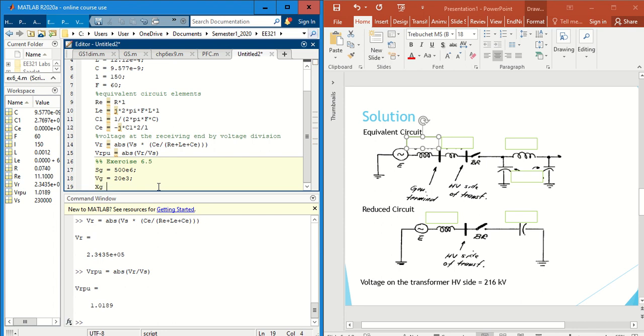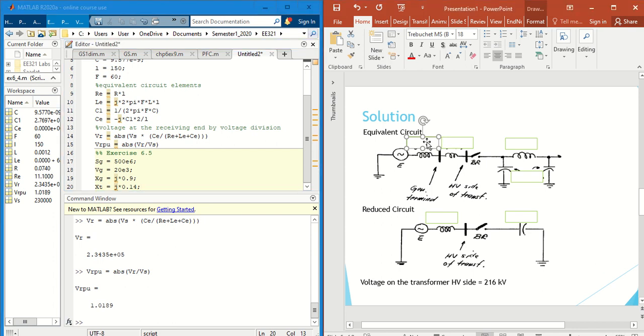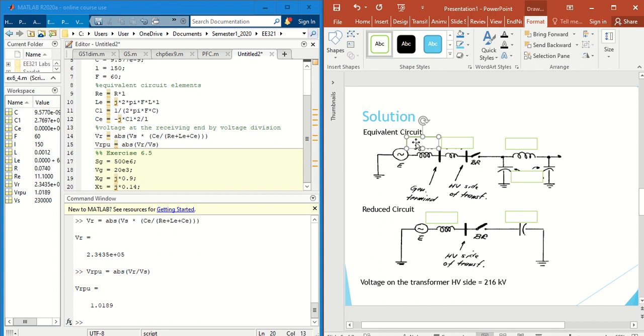Xg, the reactance of the generator, is given, so that is j times 90%, so it is 0.9. And Xt, the transformer, is j times 0.14. You can directly write this down here: for the generator it is 0.9, and for the transformer it is 0.14. This is the breaker that has been mentioned.